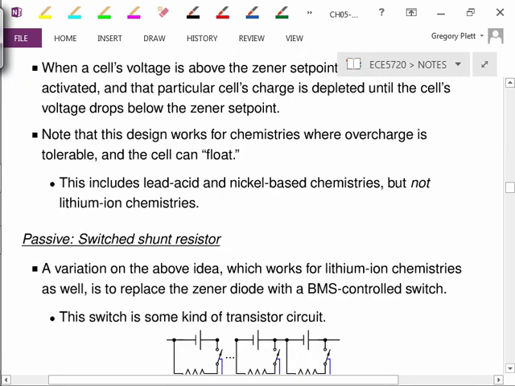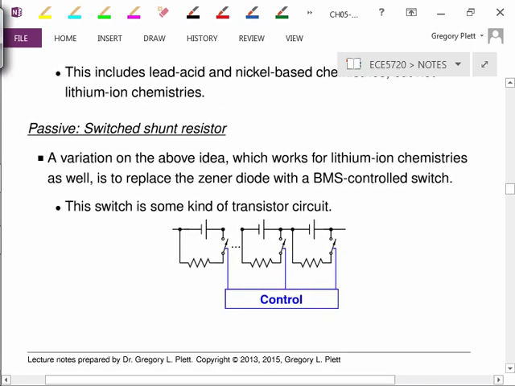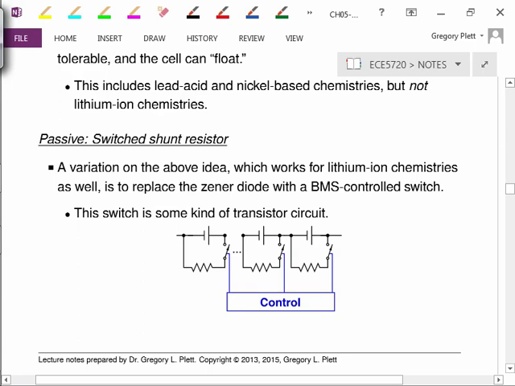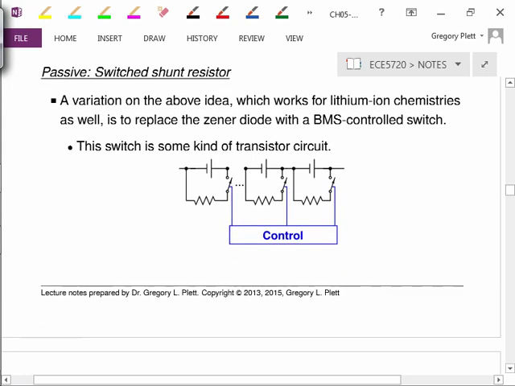So those methods are completely passive in the sense that not only am I dissipating energy passively, but they're completely hands-off. I'm not ever turning a resistor on or off, whereas this third method that we look at does involve a decision, and it involves some electronics to make it work.